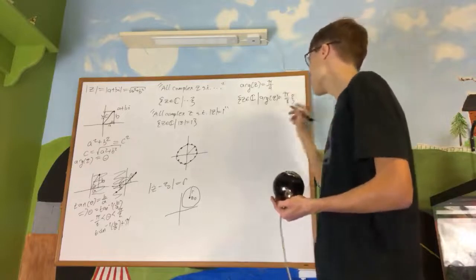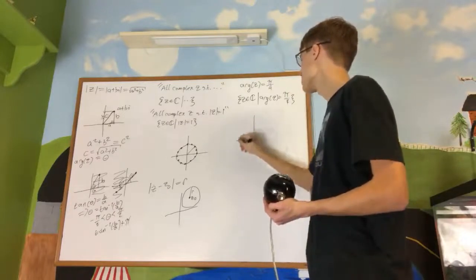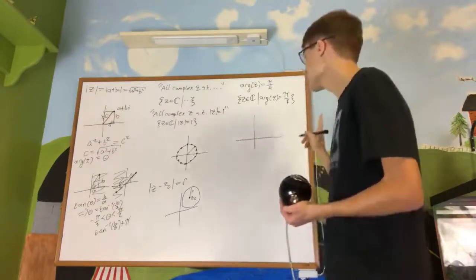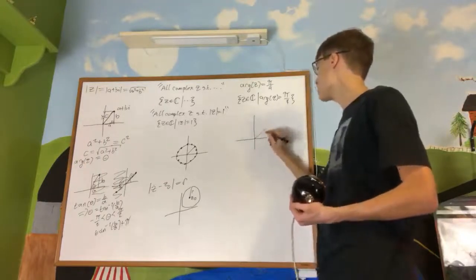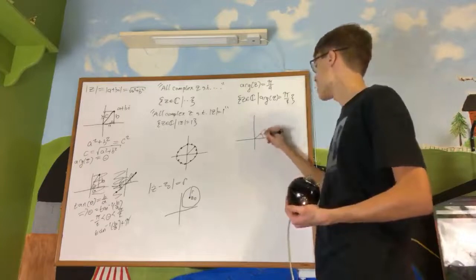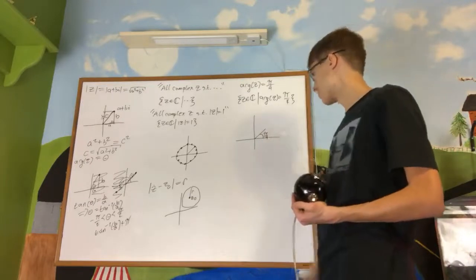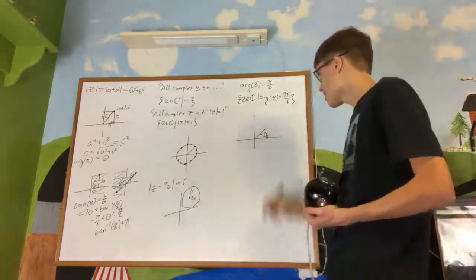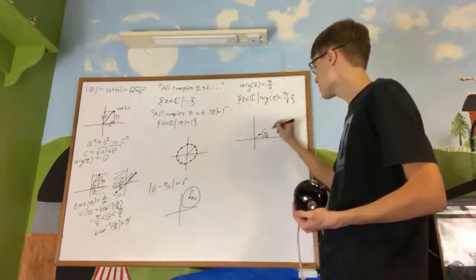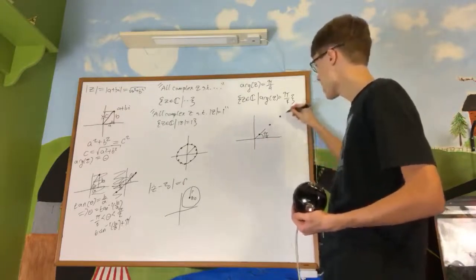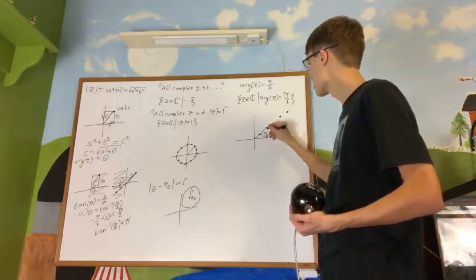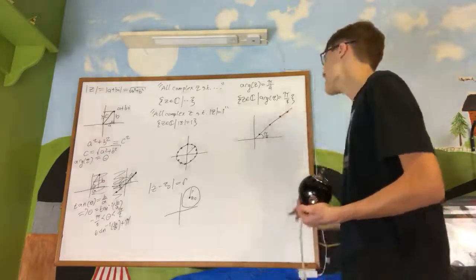So this is the set of complex numbers whose angle to the origin is pi over 4. Let's draw out a point which has an angle of pi over 4, like that. This point has an angle like that, and this point too. It's just a line.